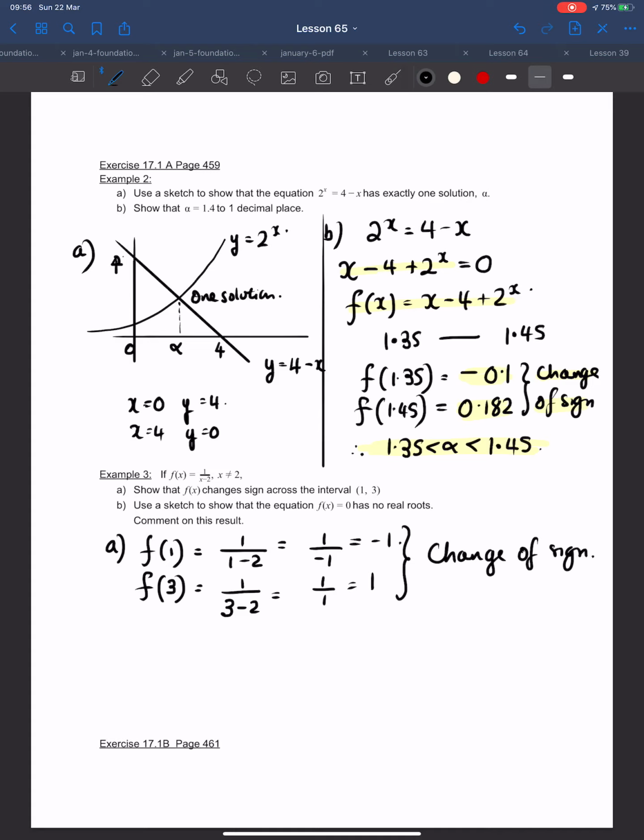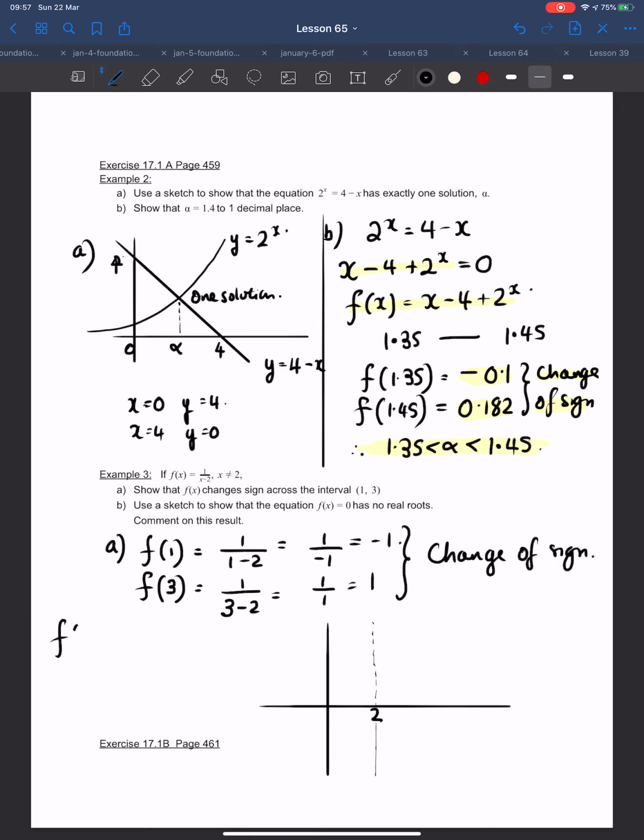But this doesn't actually mean that there is a root between these, because the actual graph of 1 over x minus 2 has an asymptote at x equals 2.